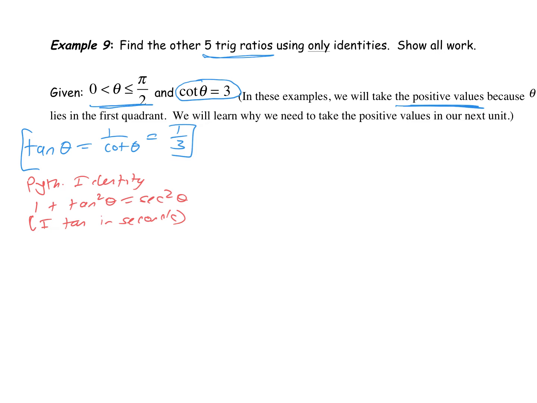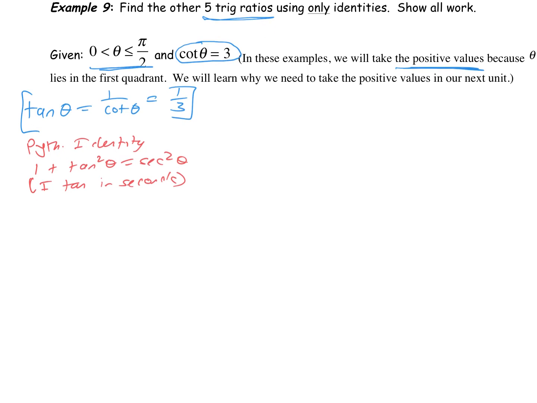So using this identity, once we know tangent theta is 1/3, then we can say that 1 plus 1/3 squared is equal to secant squared theta. So this is 1 plus 1/9 is equal to secant squared theta. So that's 9/9 plus 1/9. So that is 10/9 equals secant squared theta.